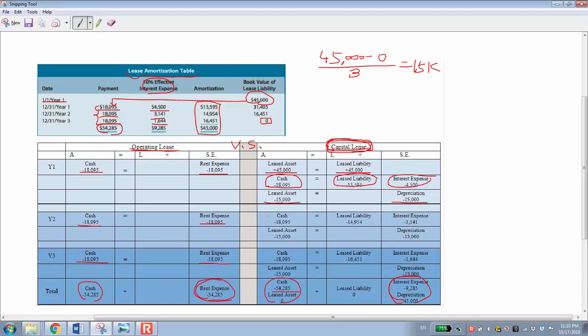Because of the existence of these two different accounting treatments, different firms may choose different accounting for their leases.